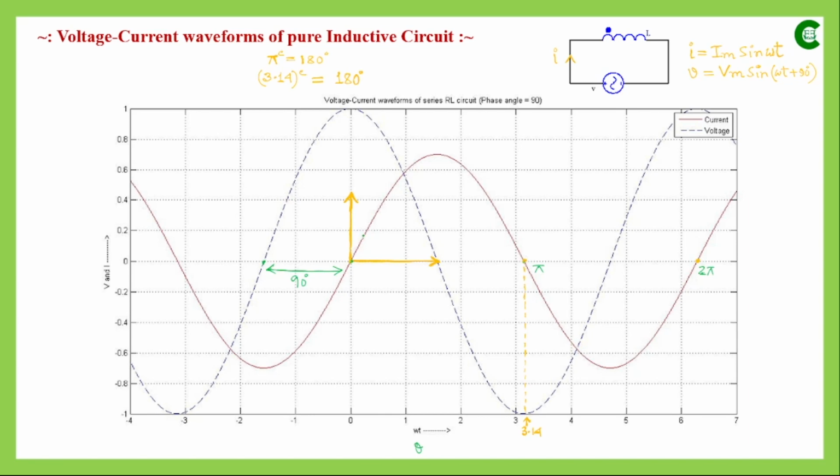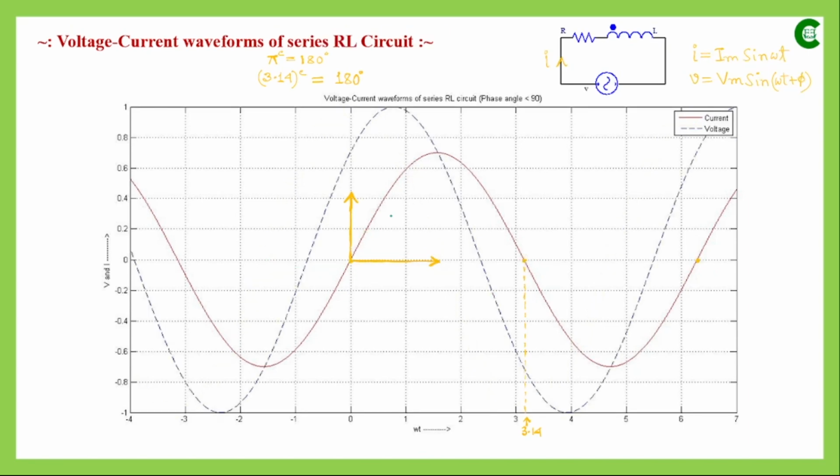Now in the next example we will see another circuit where, along with the inductor, we have a resistor. So this time it is not a purely inductive circuit, this is an RL series circuit, and again we are applying an AC voltage source which is supplying AC current.